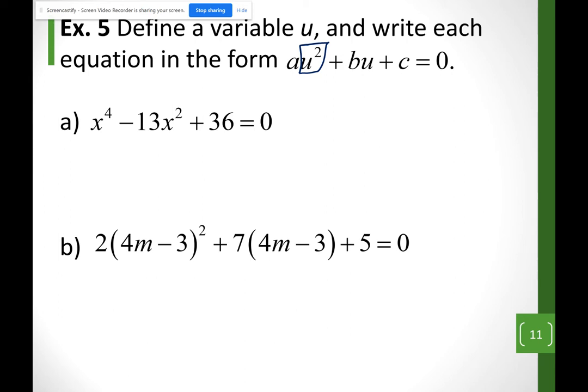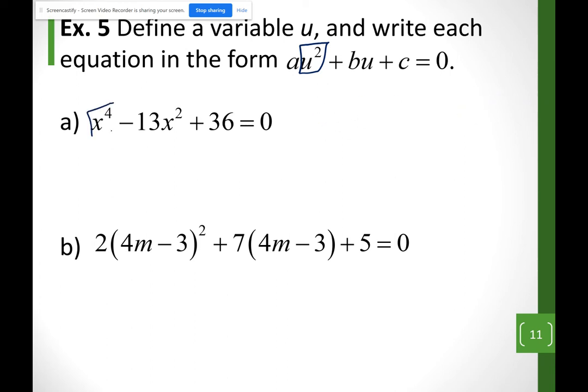In my case, let u equal x squared, because that means the u squared is equal to x to the 4th. See what I did?